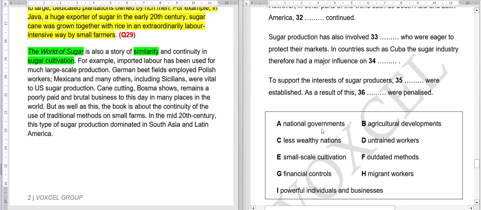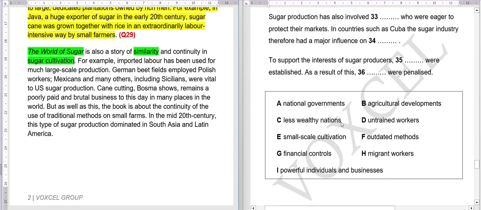So A, national governments, it's simple. Agricultural developments, again talking about improvements in agriculture. Less wealthy nations, it can be written as poor nations. Less fortunate nations, nations with less money, something like that. So you have to be very careful about that. Untrained workers, unskilled workers, workers who are not trained properly, so maybe something like that can be written here.